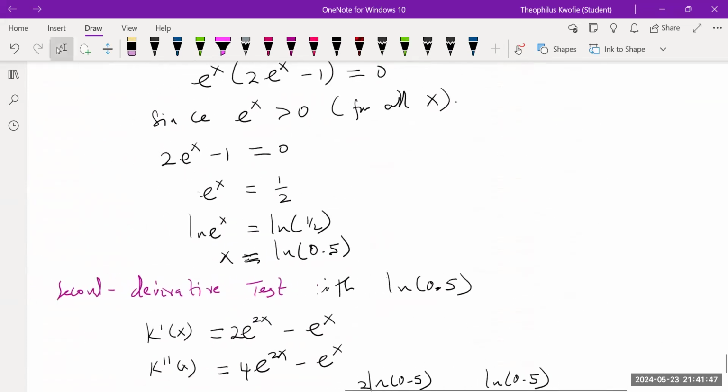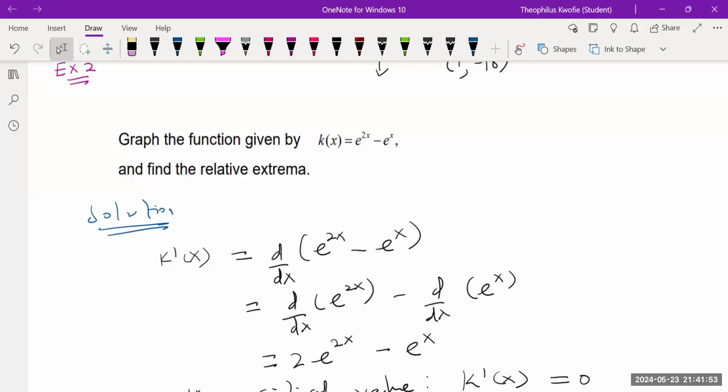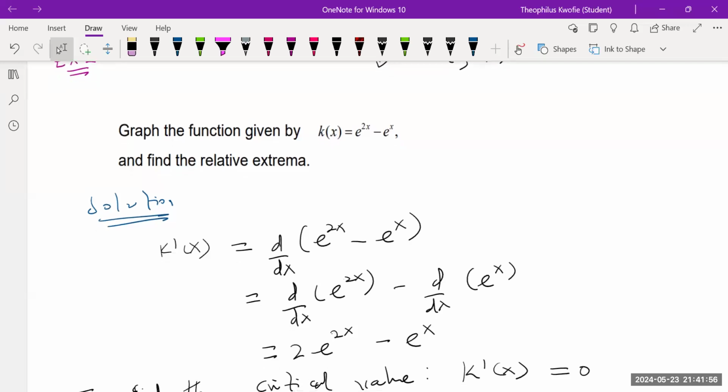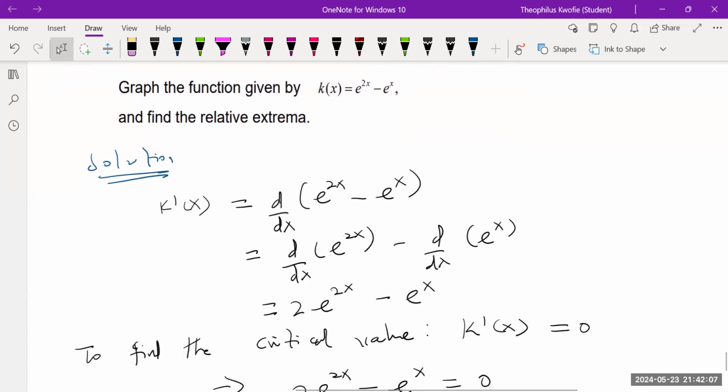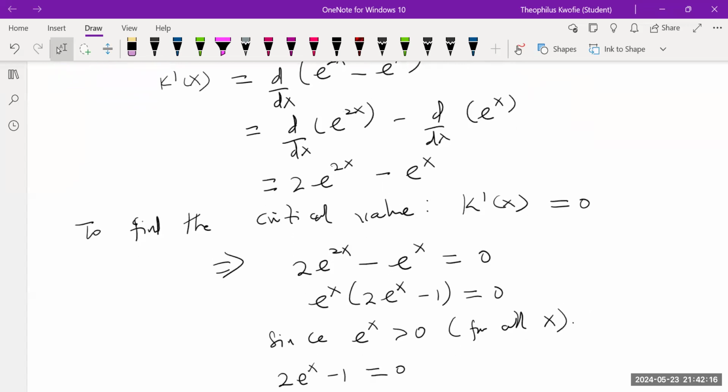So let me just quickly recap what we've done so far. We're given this particular function to solve, and since we want to find the relative extrema, and as I mentioned, the extrema is a collective name for maximum and minimum, okay? Good. So the first thing to do is to find the critical values. How do you find the critical values? We need to find the first derivative, then we set it to zero, and the values we get are what we refer to as the critical values. But then when we went here, it was very tricky in the sense that e to the power x can never be zero.